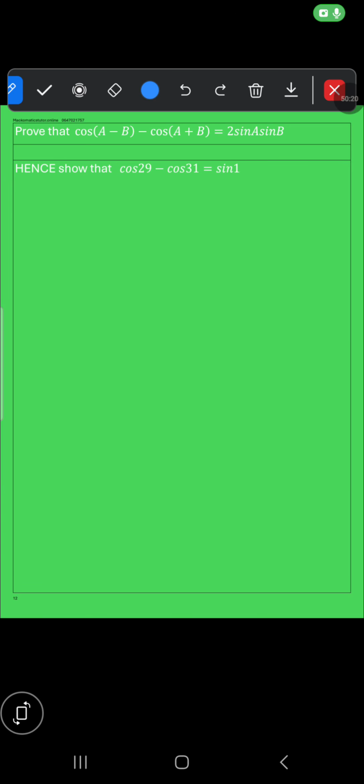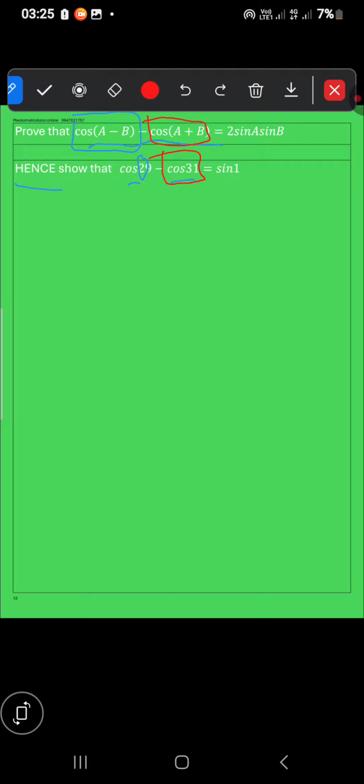So, based on the proof that we have done, they say hence now show with numbers. This one has numbers: cos 29 minus cos 31 is equal to sine 1 degrees. So this is guiding us. Because we have proved that the first cos has you subtracting two angles, 29 you're going to form by subtracting two angles. Now the second cos you are adding angles.